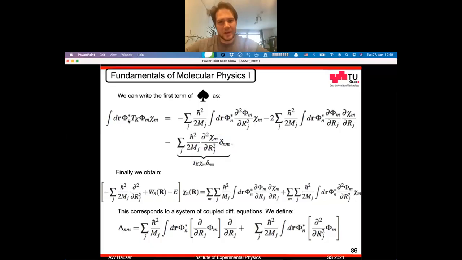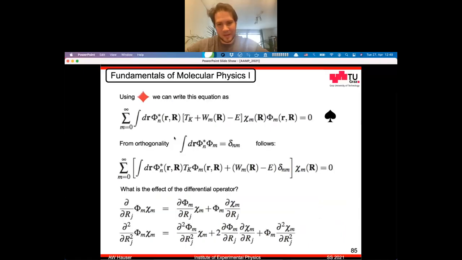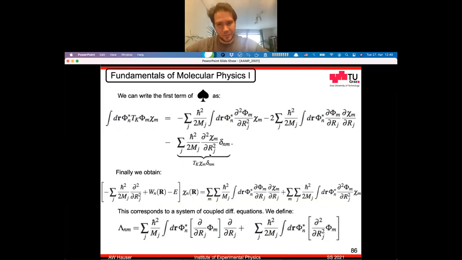Now, since in these three terms, the last one, I go back one slide quickly, the last in our second derivative, the last term is only acting on chi and leaves phi of m as it is. So if we multiply now from the left with phi n star, we can use orthogonality, and this means that the last term of this integration has this delta nm, because phi n from the left meets phi m from the right, giving us this delta nm.